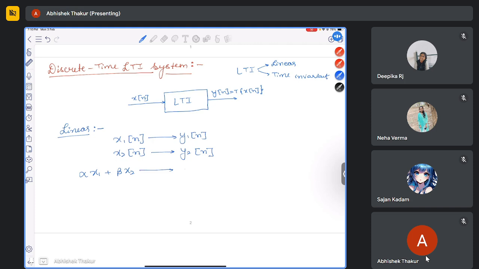The output will be alpha y1 plus beta y2. So this is the linearity property.